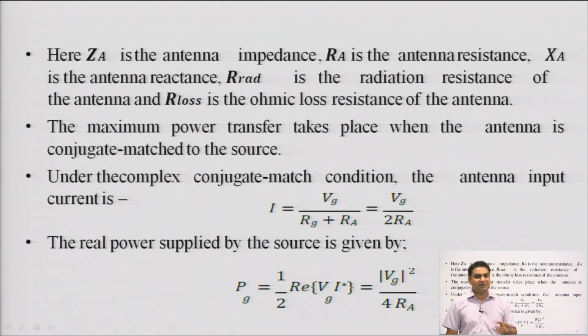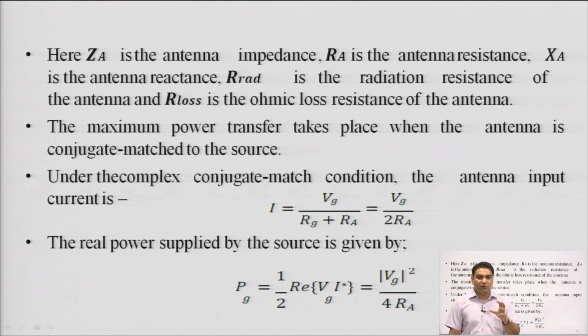Antenna resistance is again made up of two components, that is radiation resistance plus loss resistance, and the reactance part may be either capacitive or inductive, or it is also possible that it is purely resistive, and then the antenna is working at its resonant frequency.